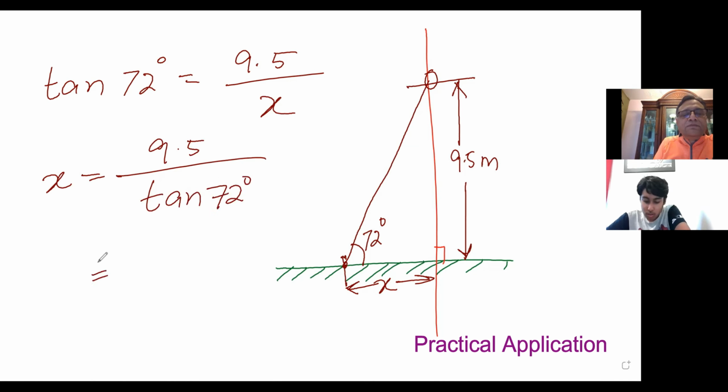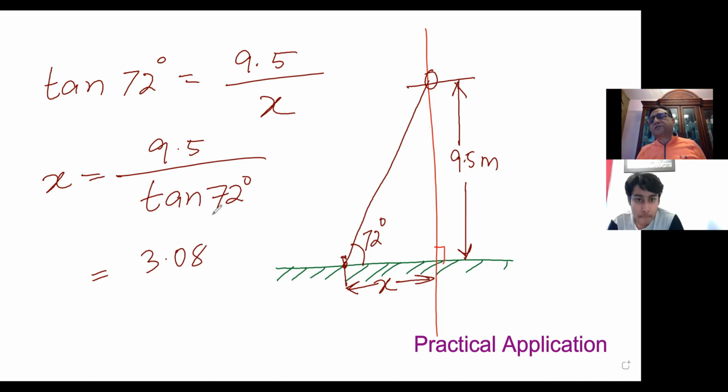What do you get? I got 3, because I divided 9.5 by tan of 72. Yes, 3.086, 3.09 you could say. That is your length.